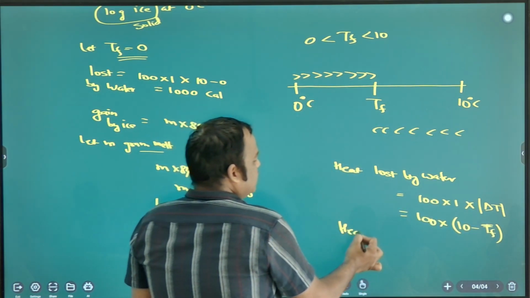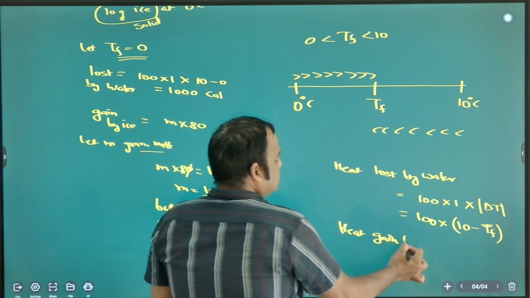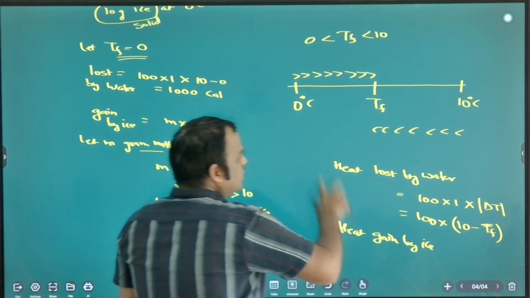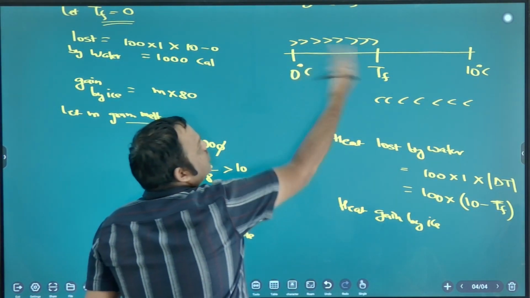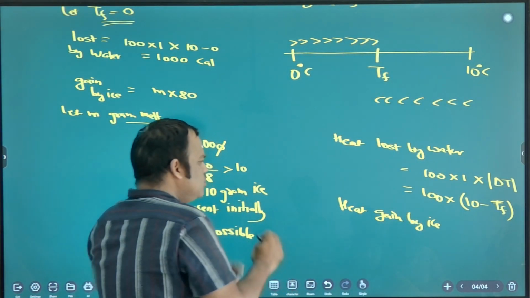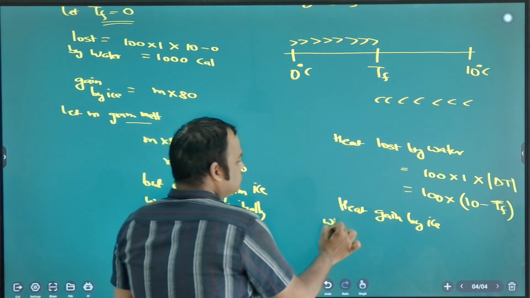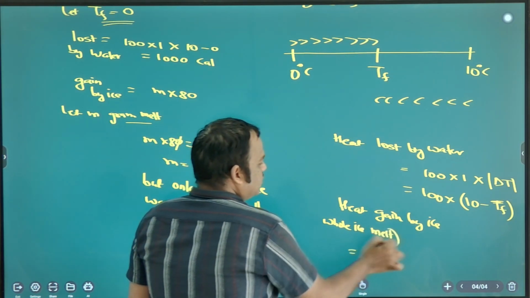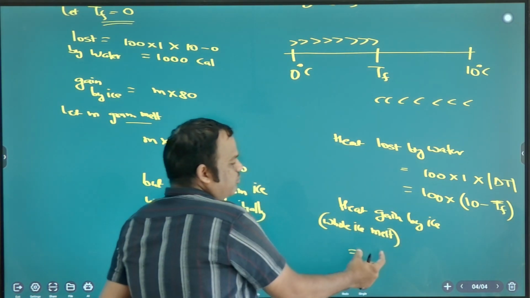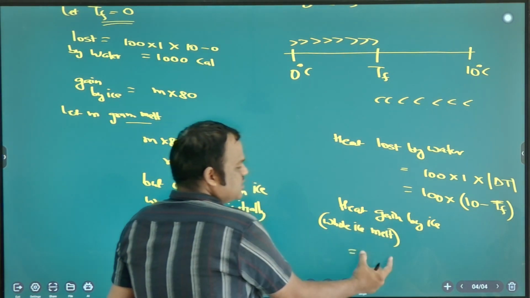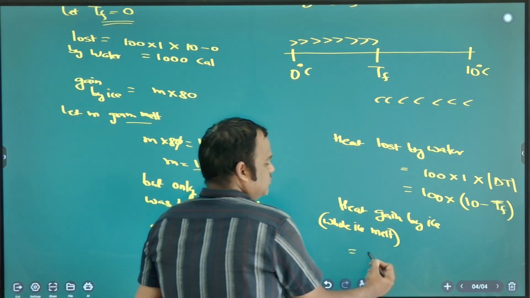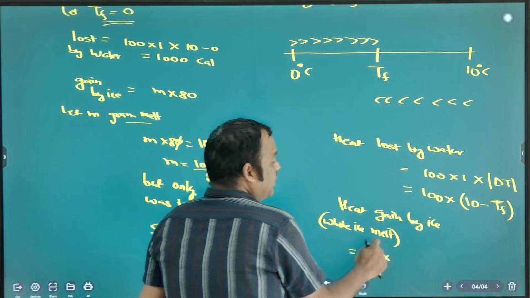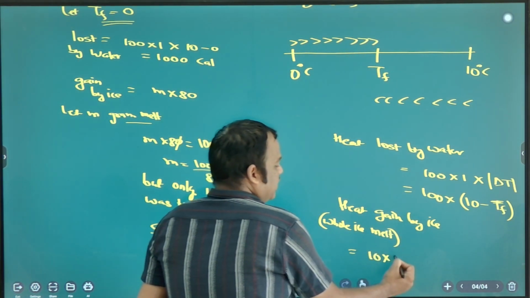And what is the heat gained by ice? Now the final temperature is more than 0, so the whole ice will melt. What is the formula for melting? ml.